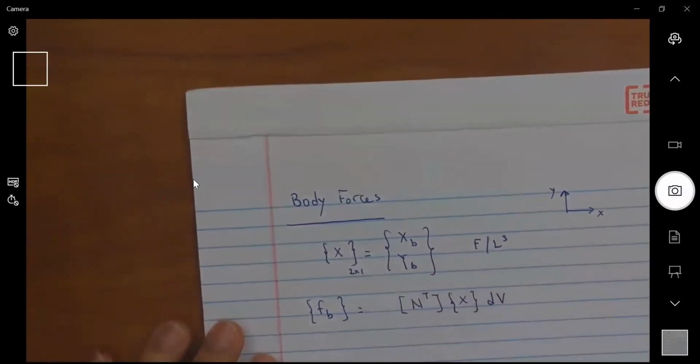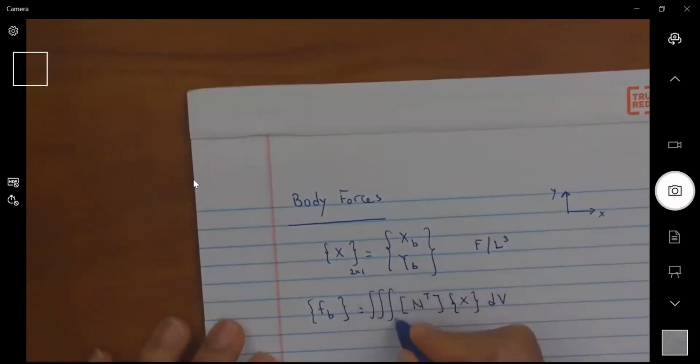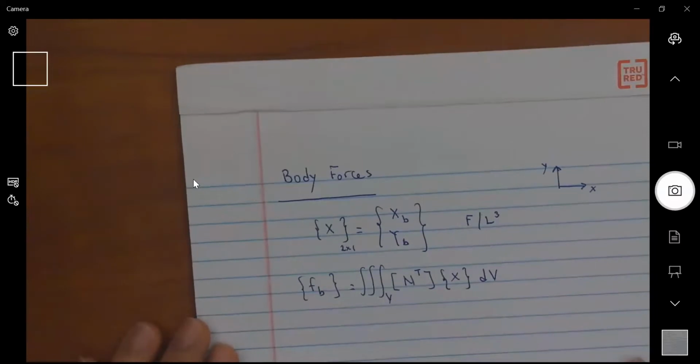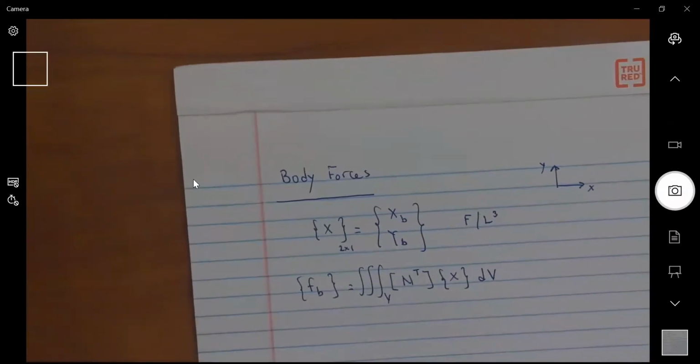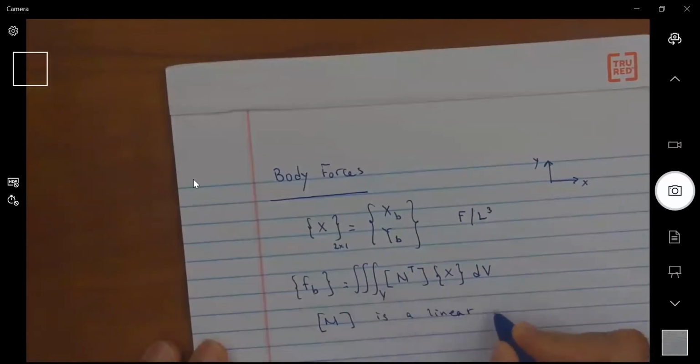If I'm looking at the differential volume, we take the triple integral over the volume. Remember that N is a linear function of X and Y.